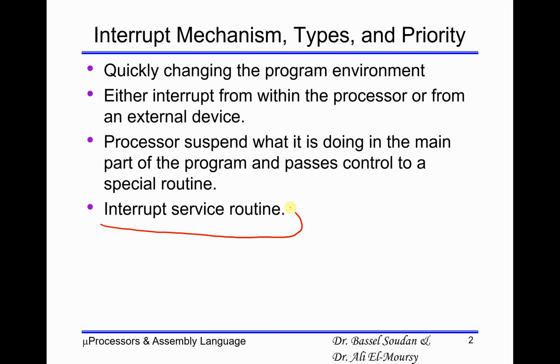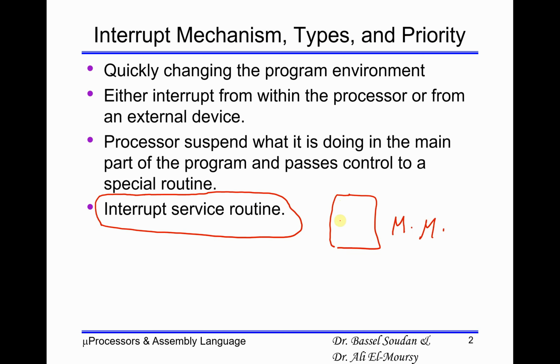What is an interrupt service routine? It is a subroutine that is programmed before the microprocessor starts executing, and the code for this routine exists somewhere in the main memory of the microprocessor.